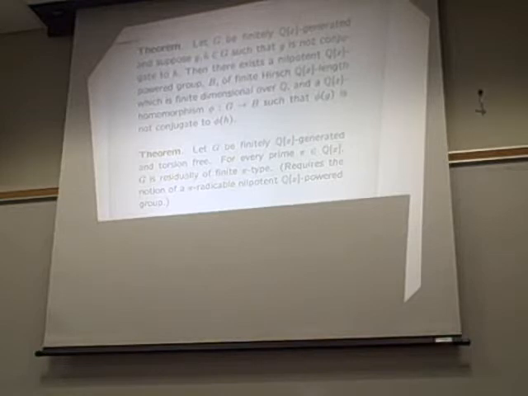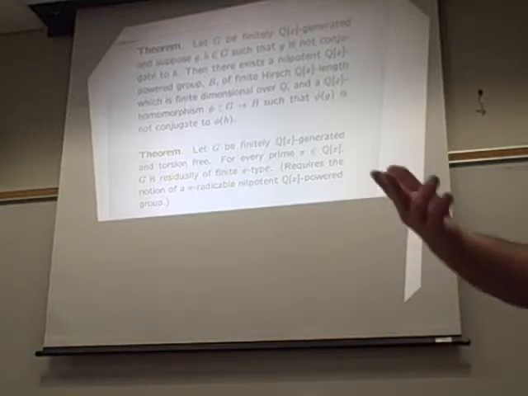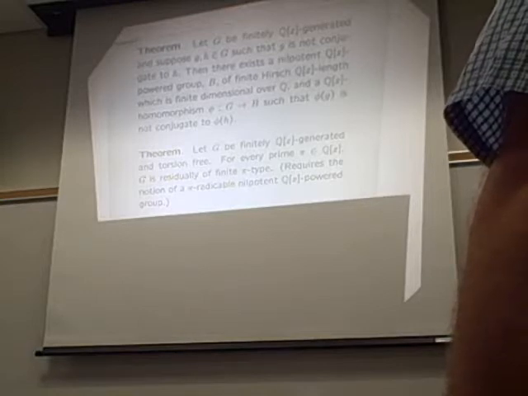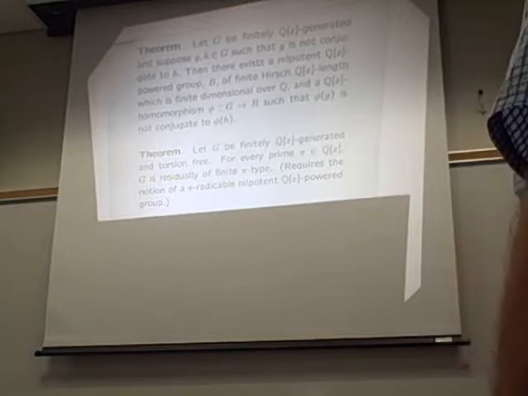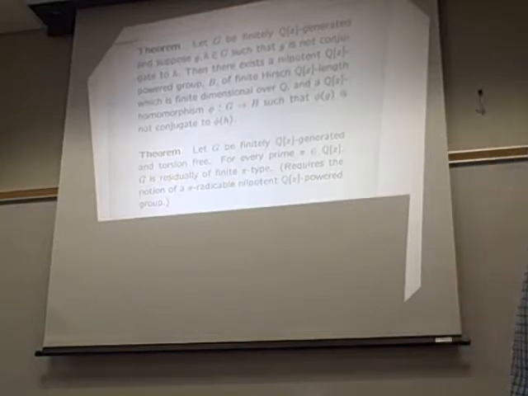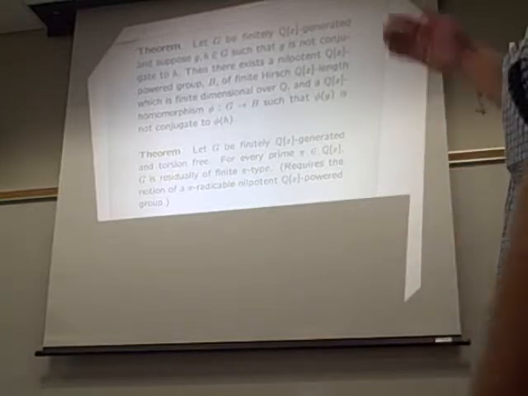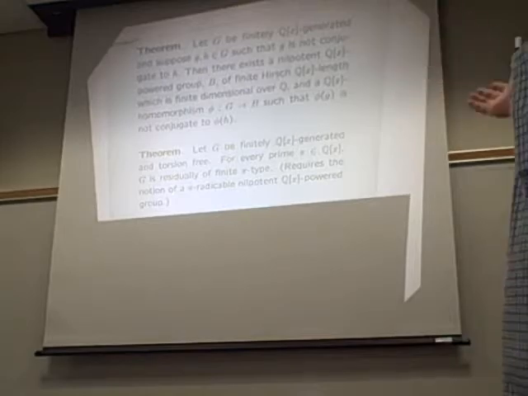So this reminds us of a result of Grunberg. By the way, this notion requires what is known as a pi radicable nilpotent QX group. And once you define that, there are some results you have to prove which lead to this theorem. I didn't state all of them because I worried I would run out of time.